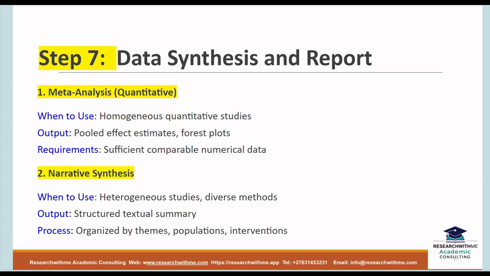You cannot be reporting those articles one after the other. You will have to aggregate, combine, compress their results in a way that tells a singular coherent story. So in doing that, you need to adopt a means or a method of data synthesis.